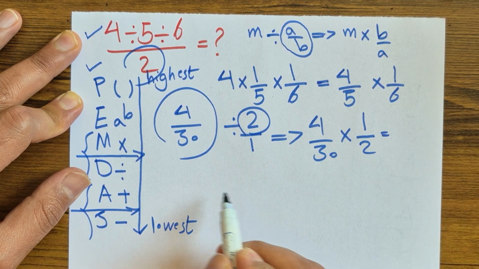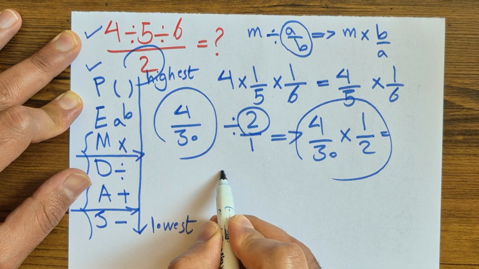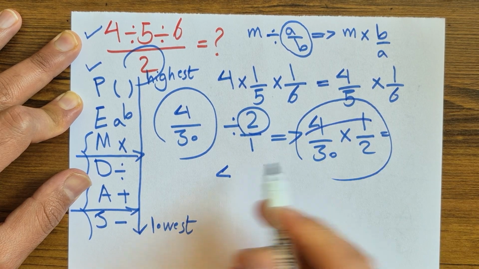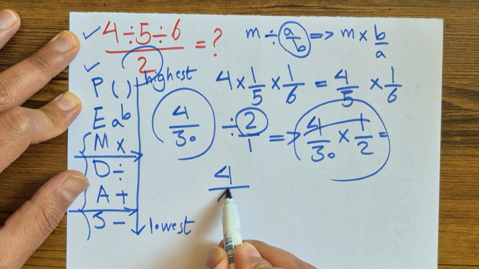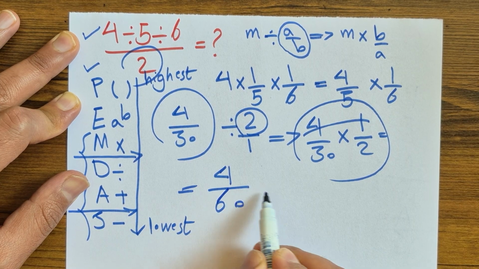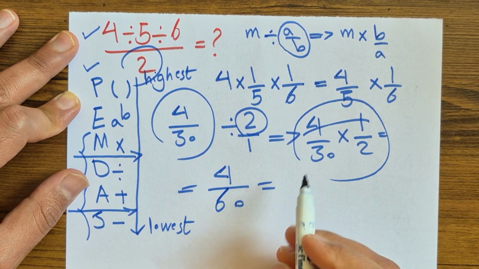So now it is just a simple multiplication. Go from left to right. 4 times 1 is 4, and 30 times 2 is 60. So that's the final answer, but you can always simplify that.